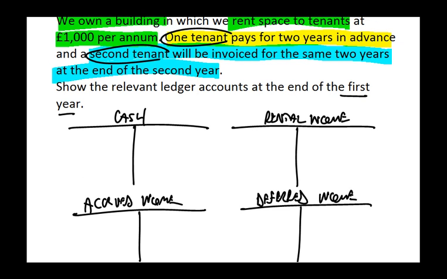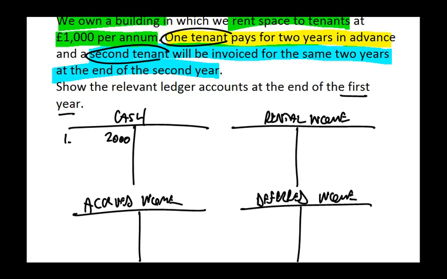Well, the first tenant, now they've still paid me 2 years, so I've still got to debit cash by the full £2,000 they would have paid me. That's gone into my bank account. The thing you've got to understand is I can't show that entire £2,000 as rental income for the period. I can't credit rental income for that £2,000. I should only be showing 1 year's worth of income for this 1 year.